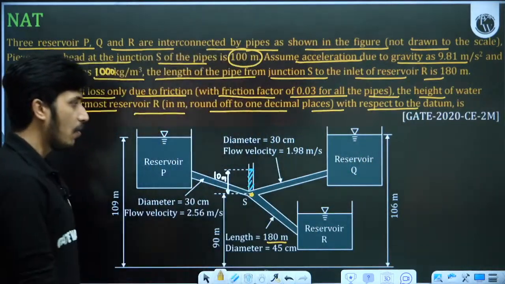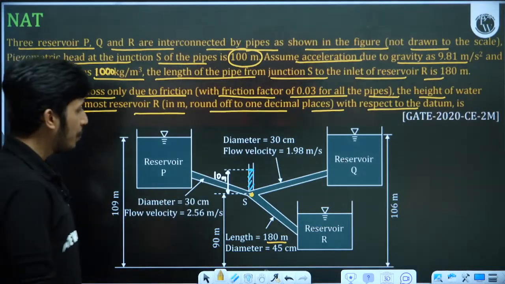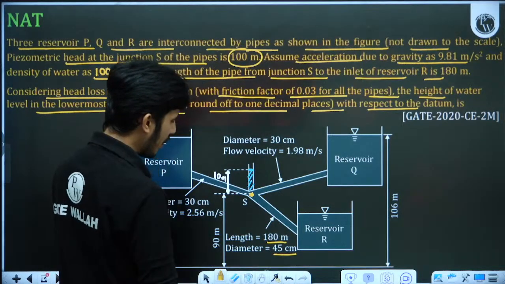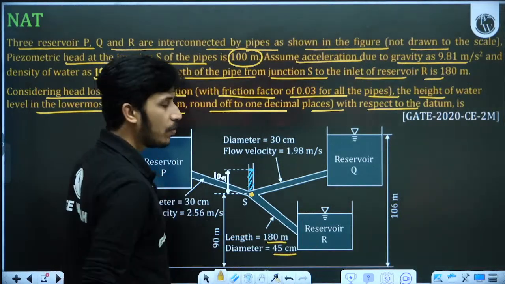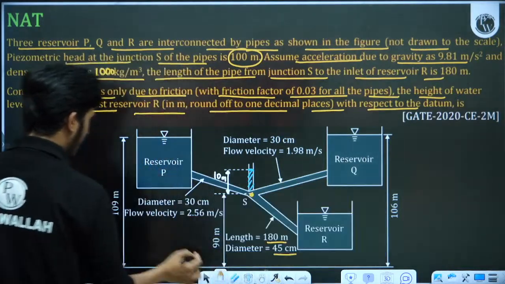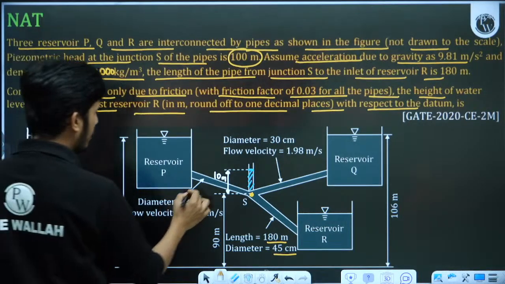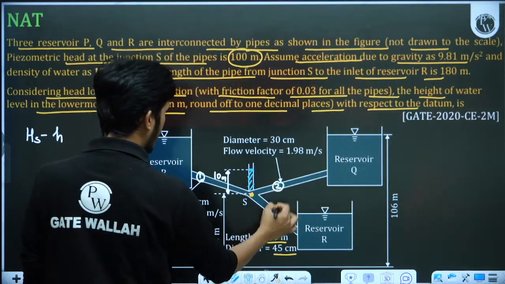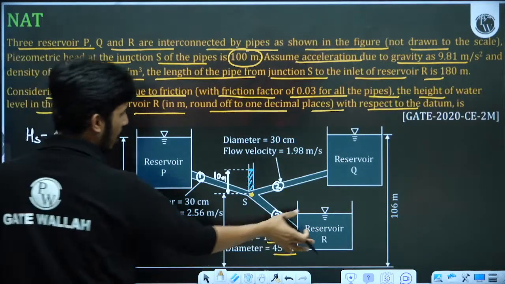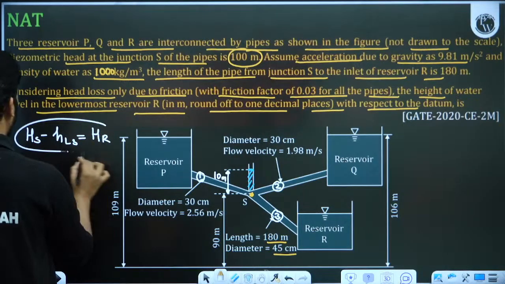Now, always understand, if the piezometric head is given, then the head at S minus the head loss in this pipe, which has length 180, is equal to the total head in this reservoir R. Let us consider this pipe as 1, this pipe as 2, this pipe as 3. So HS minus head loss in pipe 3, HL3, is equal to the total head in reservoir R, that is HR. This is the simple concept.